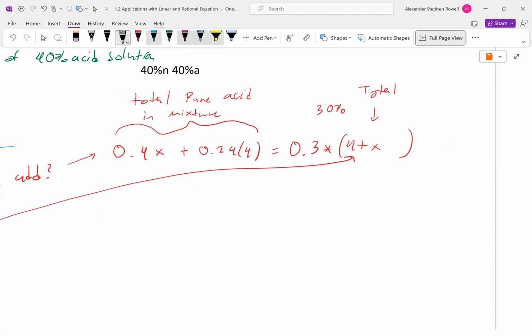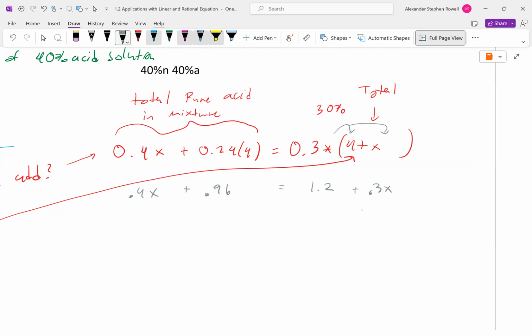Let's continue solving this. I'll go ahead and distribute the 0.3. 3 times 4 is 12. We need 1 decimal, so 1.2 plus 0.3x is equal to 0.4x, and we have 0.24 times 4, which is 0.96.